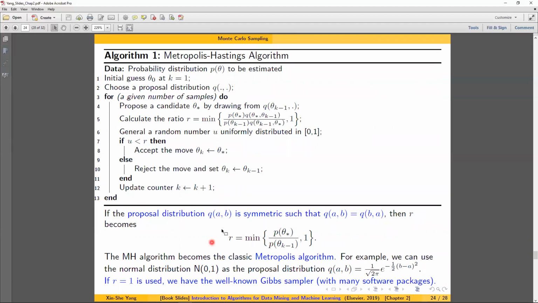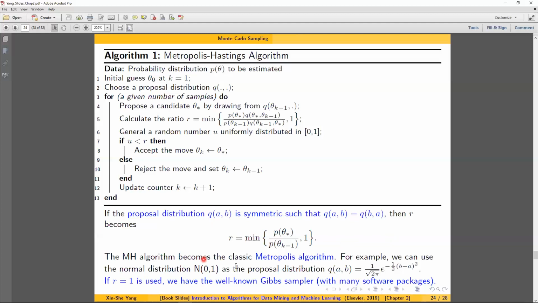Suppose the proposal distribution Q(A,B) is symmetric, so that Q(A,B) equals Q(B,A). Then R becomes nothing but, because of the symmetry, these would be cancelled. They are identical, so we take the minimum of p(theta star) divided by p(theta k minus 1), and 1, to see what happened previously and what the newly proposed theta star is.